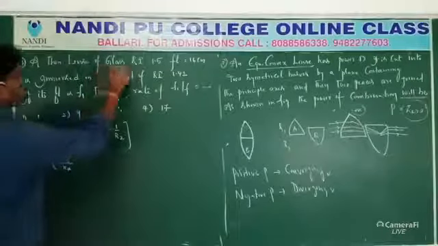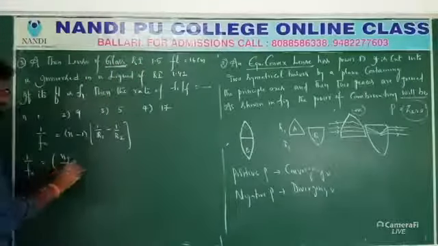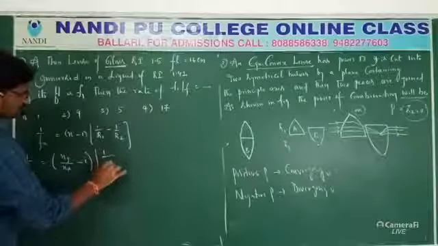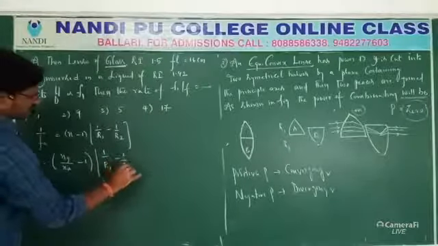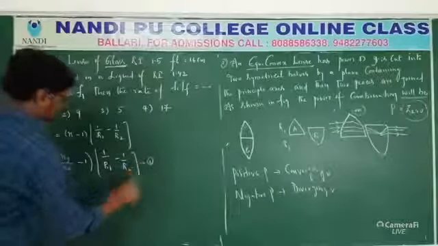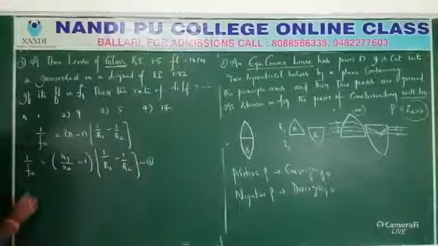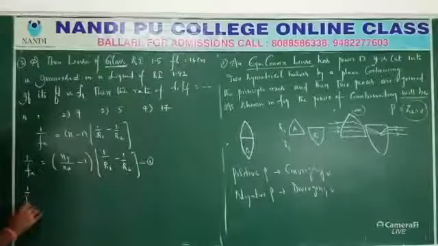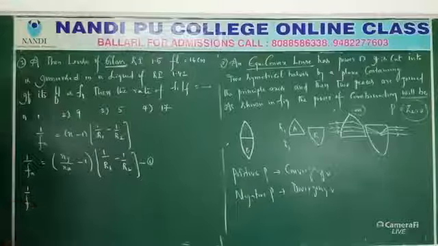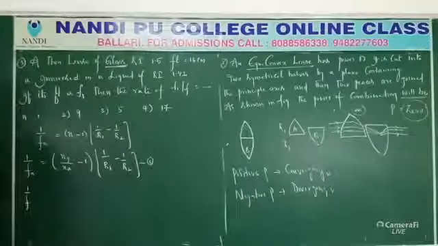Refractive index of this particular material is glass with respect to air. Minus 1 by, as usual, 1 by R1 minus 1 by R2. This is equation 1. What is the next equation we have? 1 by F of what? It is given, first one is in air, second one is in medium.